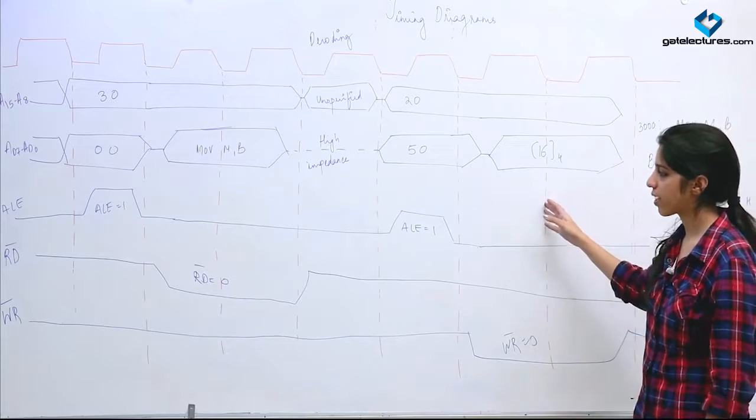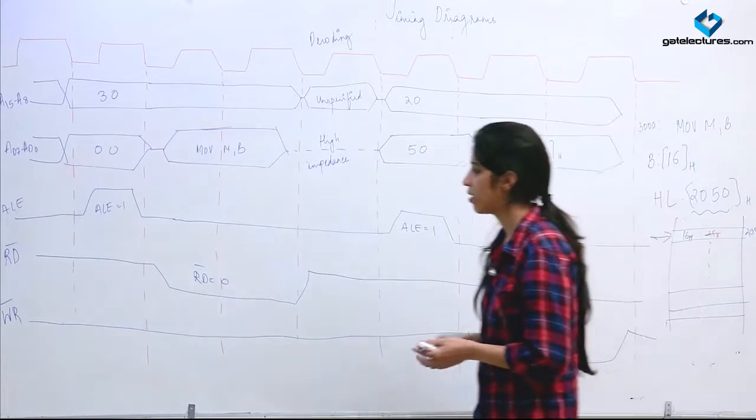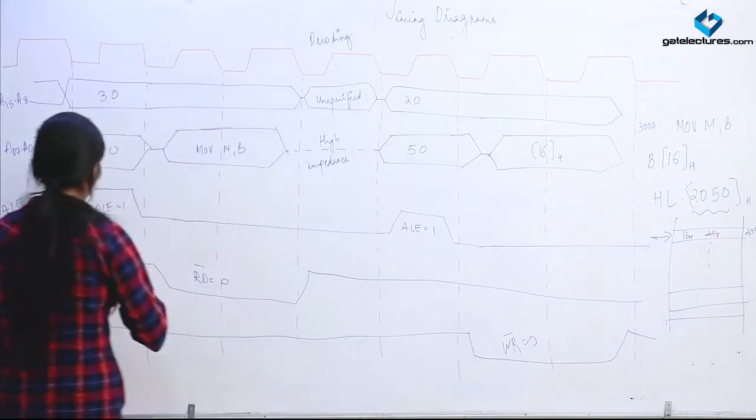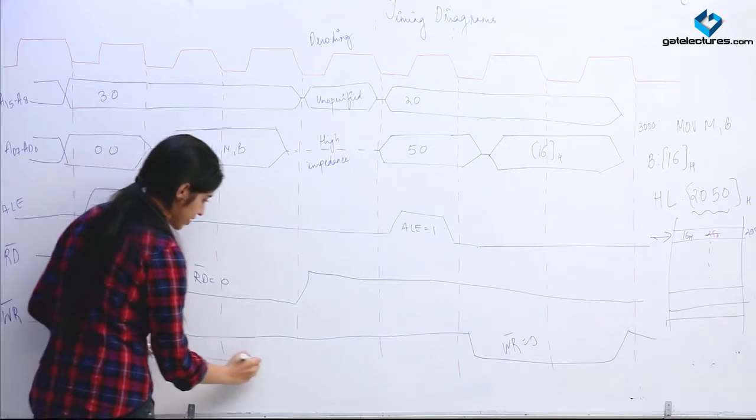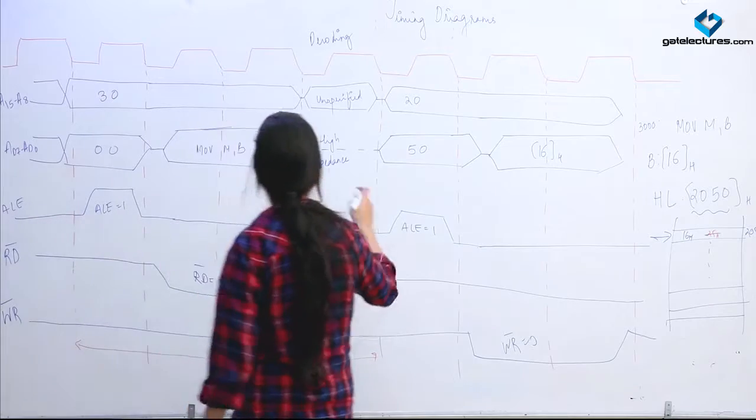So this is the timing diagram for memory write. See these 4 T states.